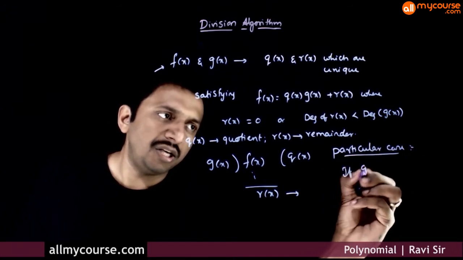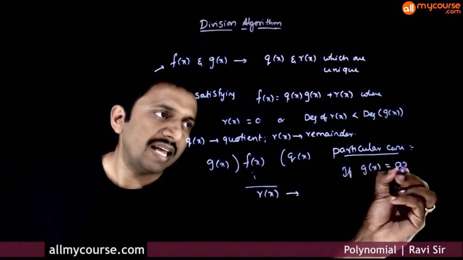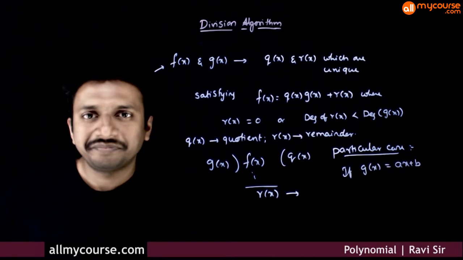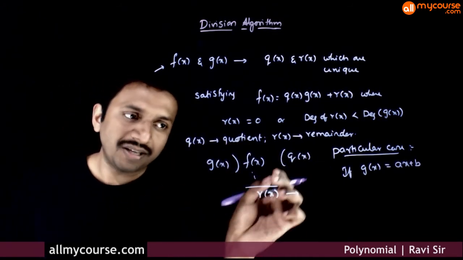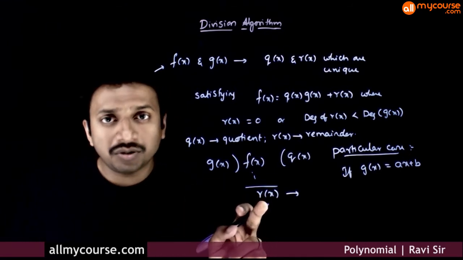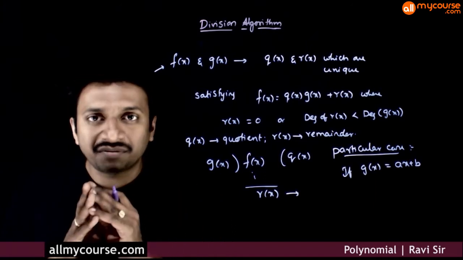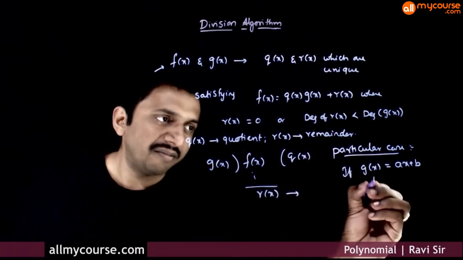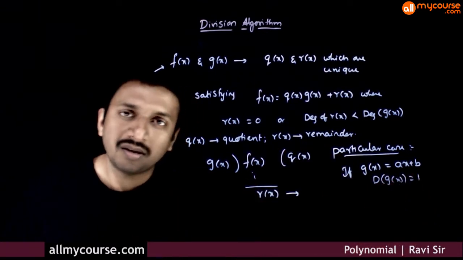If g of x, the divisor polynomial, is a linear polynomial, then what does this theorem say? You have a q of x and r of x such that r of x is either equal to 0 or the degree of r of x is less than the degree of g of x. But the degree of g of x is equal to 1.